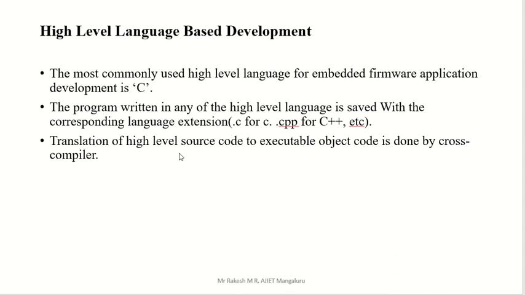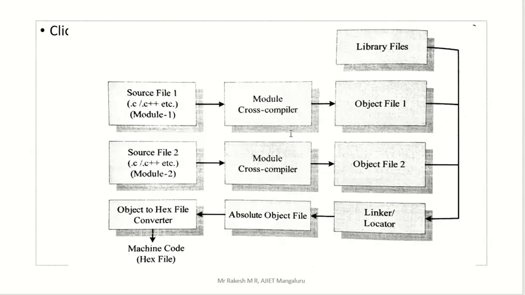Embedded C is different from C; there is some difference between the two languages, and it is not perfect C. So for embedded C we use a cross compiler, and for basic C we use only a compiler. Here we are going for high level language based development. As with assembly language, you can see a block diagram representing the conversion of source code to a hex file.